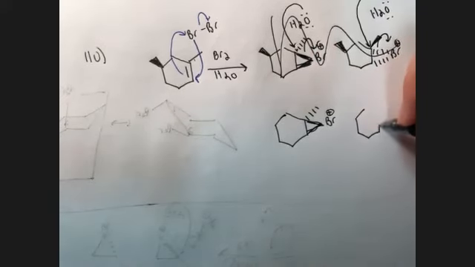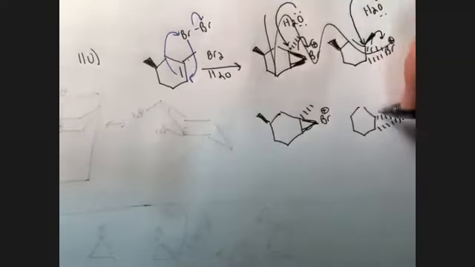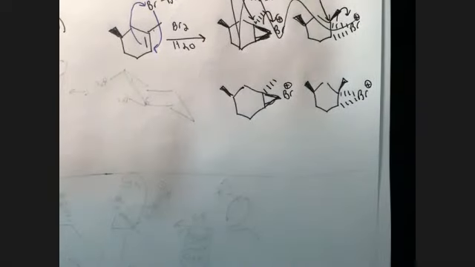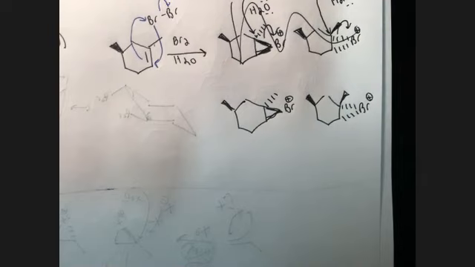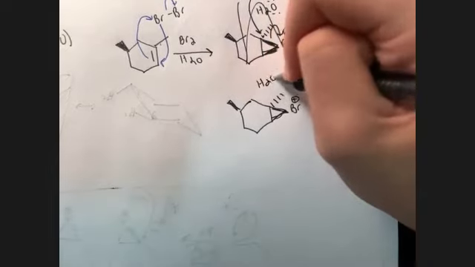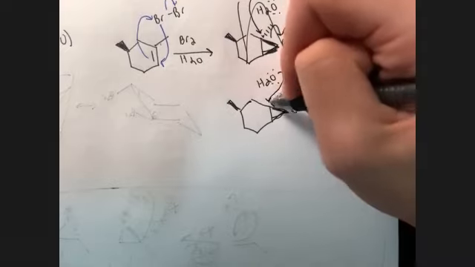Okay, so essentially, what happens is we're gonna have water now attack the back face of the molecule, specifically at the more substituted side of it, and then break the halonium bridge.